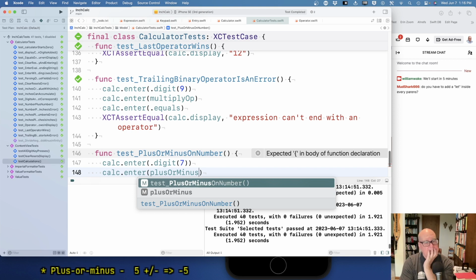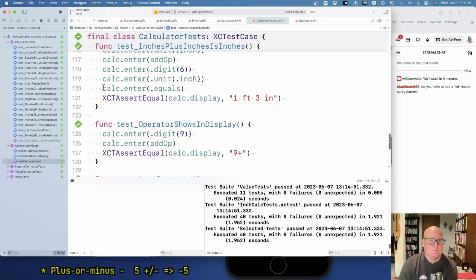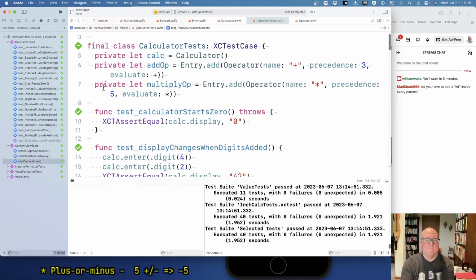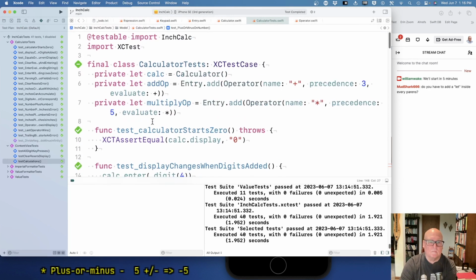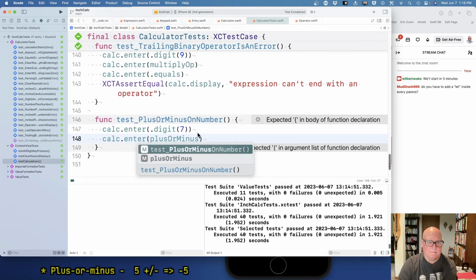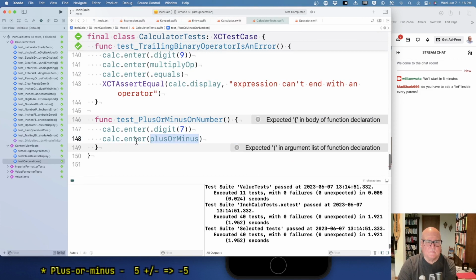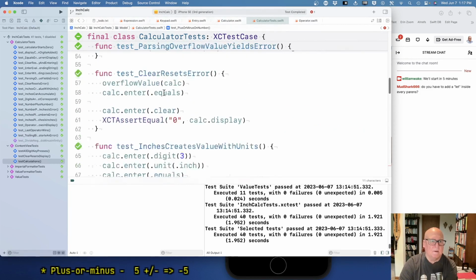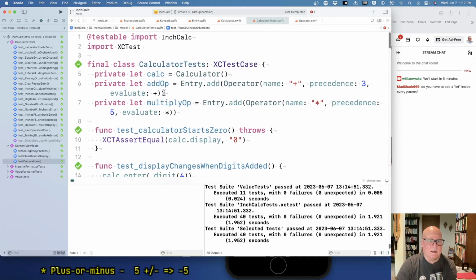Is it a new thing? Enter. Well, it's not a binary op.